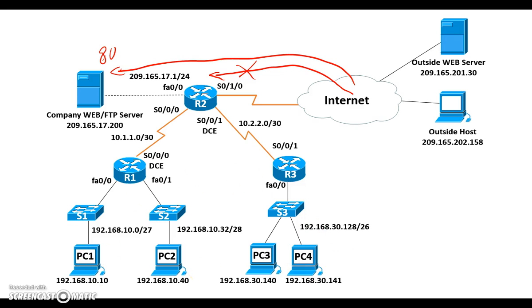But if it's initiated from inside, for example, let's say PC2 goes out to the internet and accesses the Facebook web server, Facebook will reply with traffic back, some packets with the Facebook homepage for the user at PC2. This kind of traffic will be allowed because it was initiated from your own network and it's return traffic coming back.